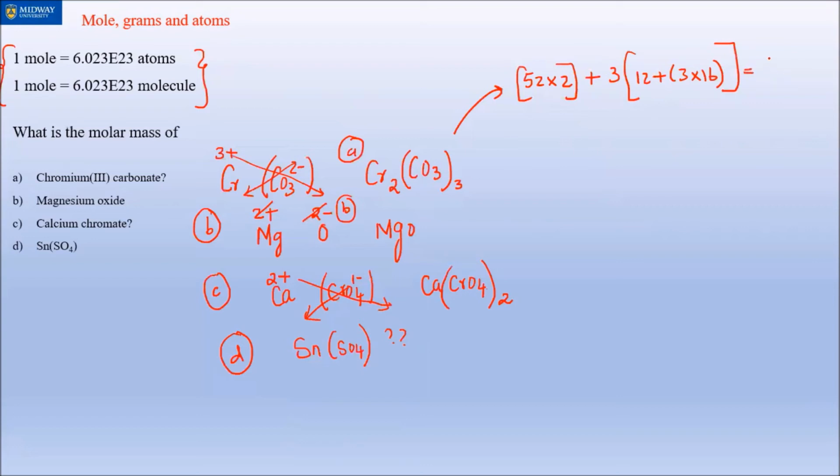Now it's important, we basically use the atomic mass to get the molar mass, but the unit is very important. We get 284, what do we put next to it? It's 284 gram over 1 mole. Start writing this way. You might see a textbook or some other people write it this way.